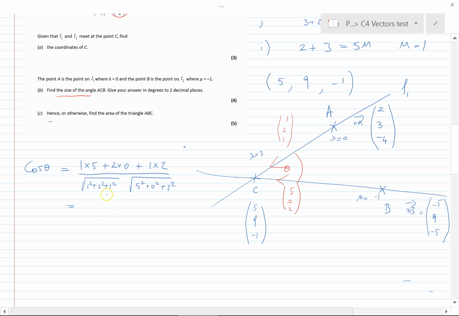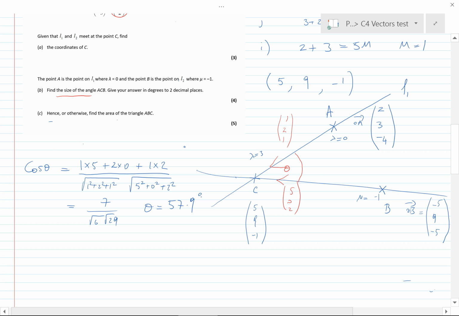Which comes to, I think, 7 over square root of 6 times square root of 29. That gives me, when I find the inverse cos of that to 3 significant figures, 57.9 degrees.